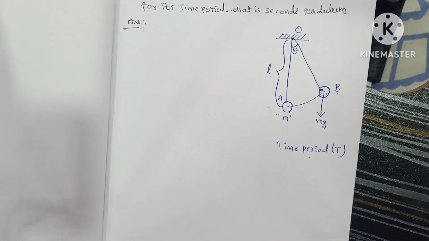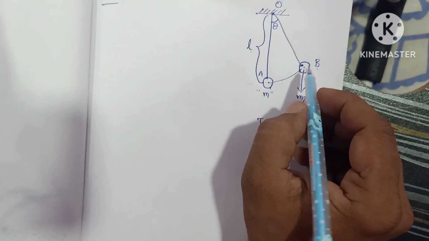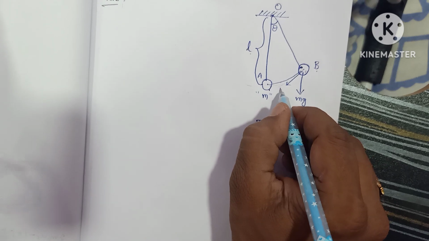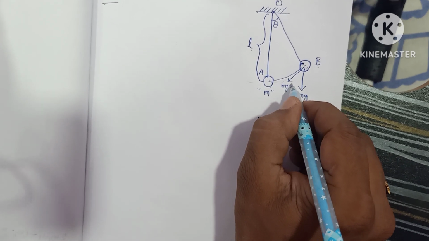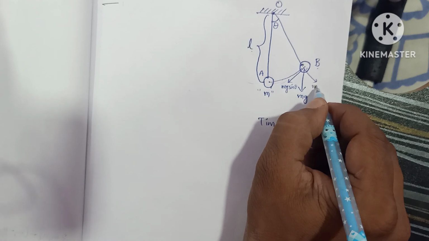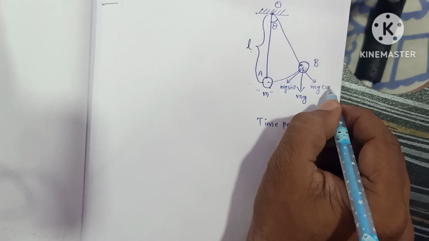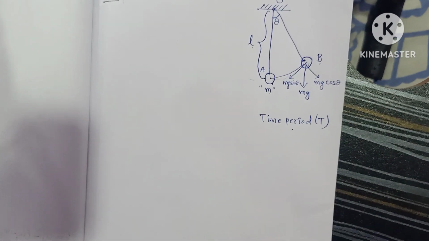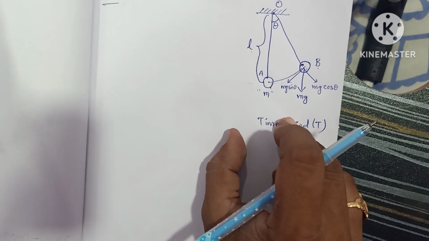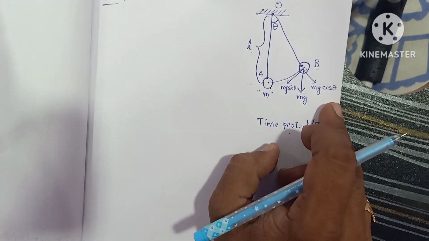This weight is divided into two components. One is mg sin theta, and the other is mg cos theta. The weight, which is acting vertically downwards, is divided into two components, mg sin theta and mg cos theta.